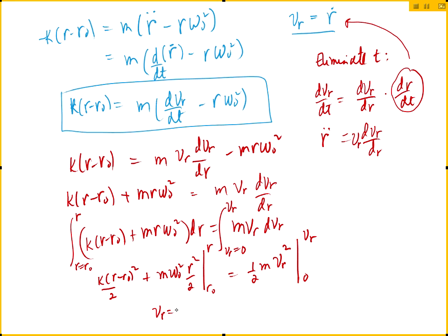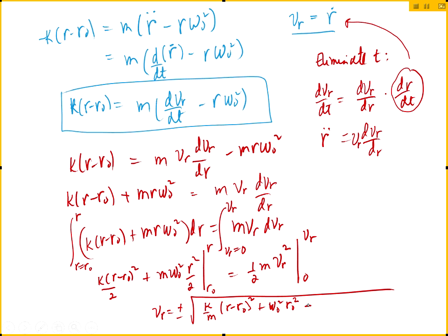Let's do a shortcut. I multiply everything by 2, divide everything by m, and then take the square root. So it's going to be plus or minus the square root of, doing my algebra sort of test. The left side, when r equals r, I'm going to have k over m times (r minus r naught) squared, that's at the upper limit. The second term, m over m will cancel, so it will just be omega naught squared r squared.